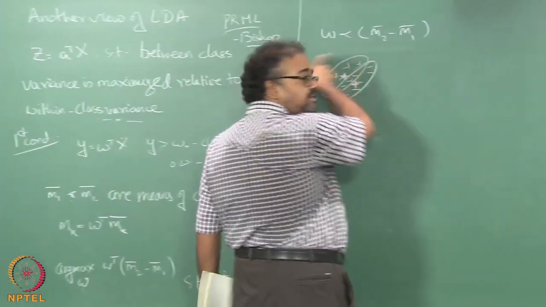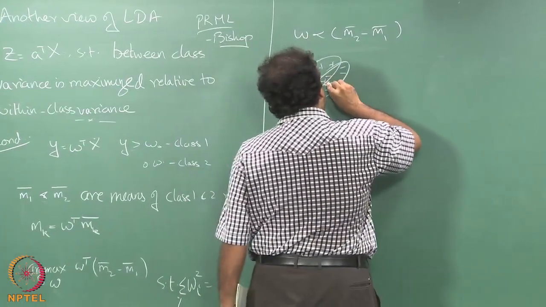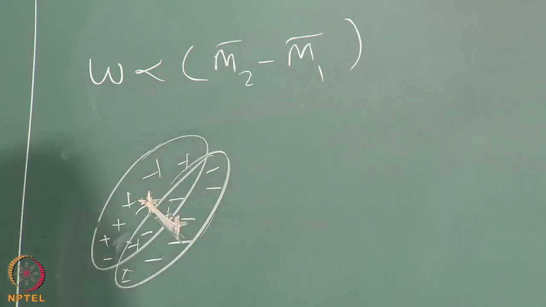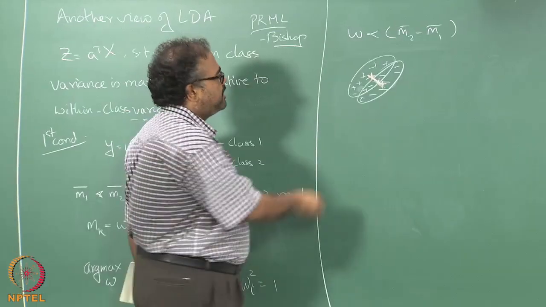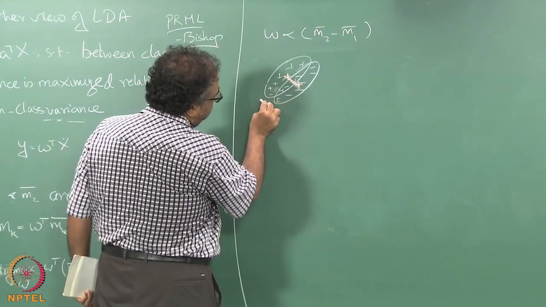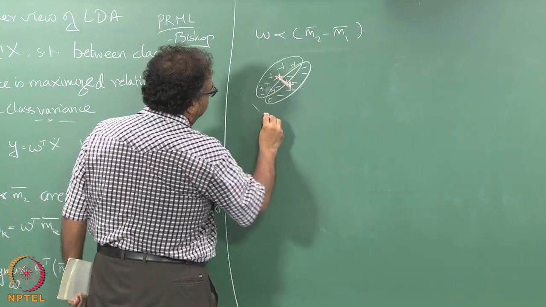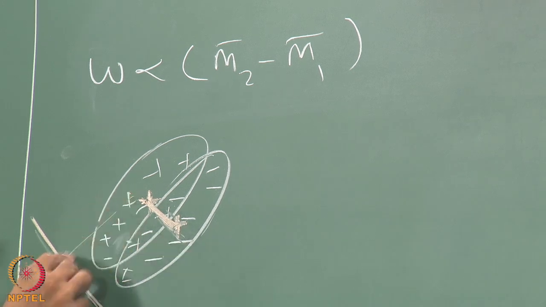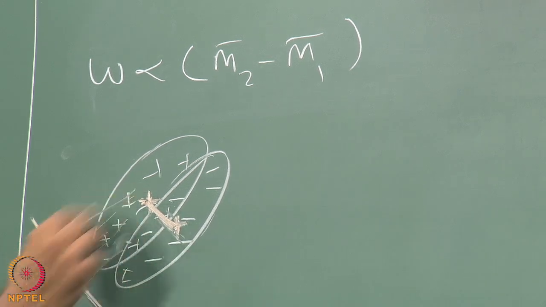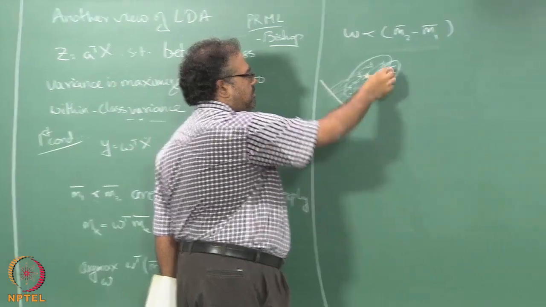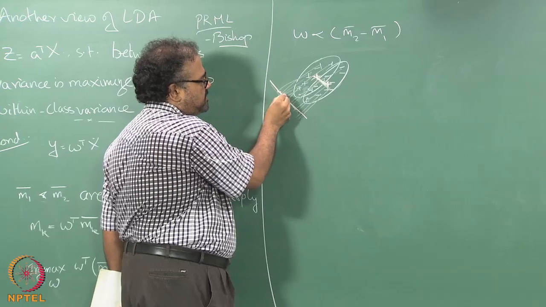So what this tells us is that you join these by a straight line, and essentially you take a direction like this and project all the data points onto that, right. So you will get all the data points lying here.